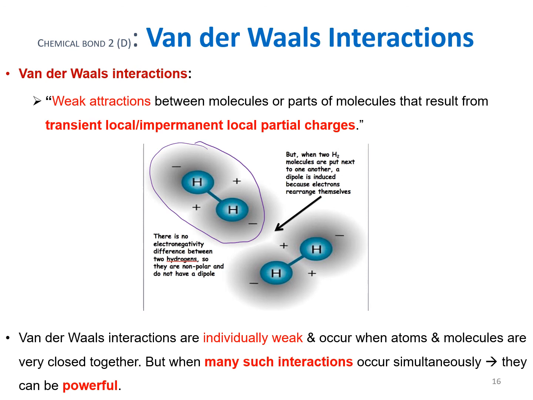When the electron cloud moves, you will induce partial charges to be formed. These partial charges that are formed within the hydrogen molecule will cause van der Waals interactions.